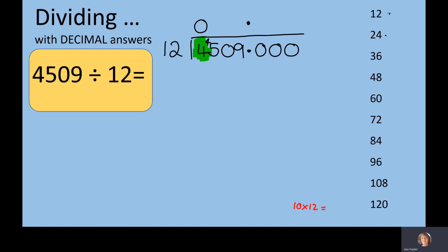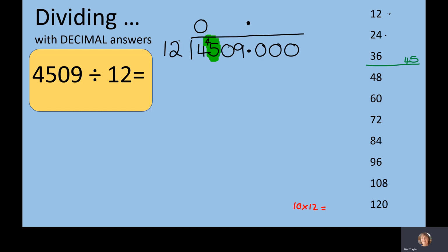We have now carried that forward so that we've got 45 next to it. So we're now going to look at 12s into 45. Well, 45 is bigger than 12, so we know we can do something this time. 45 sits on the times table in between the 36 and the 48.